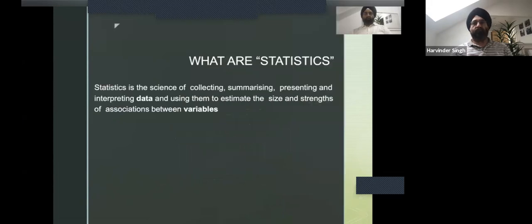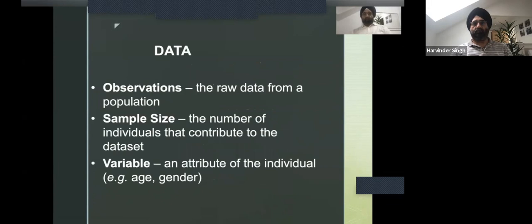So what exactly is statistics? It is a science of collecting data, summarizing data, and presenting and interpreting it to estimate the size and the strength of association between different variables. And what are these variables? Everything these days is dependent on data. These are observations from a given population where you can extrapolate your results from a sample population to the total population.